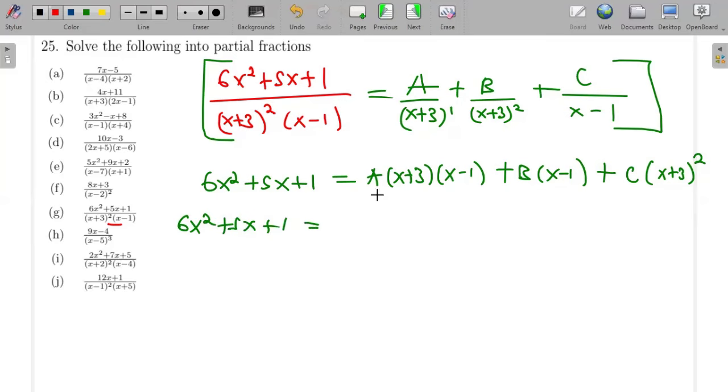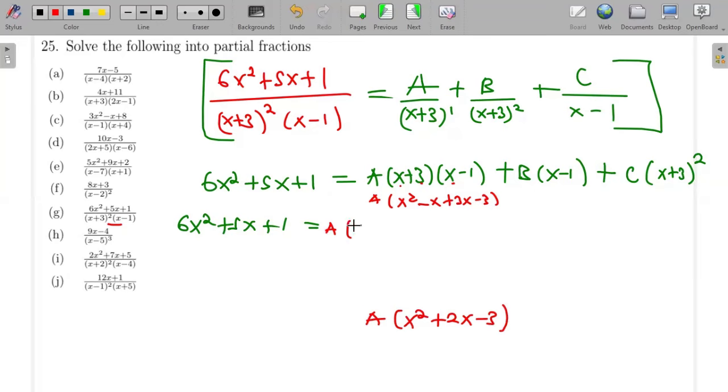I start from here: a, then x multiplied by x squared, plus x multiplied by minus 1, I get minus x. Then 3 multiplied by x, I get plus 3x, and 3 multiplied by minus 1, I get minus 3. This one here will just be a times (x squared plus 2x minus 3).